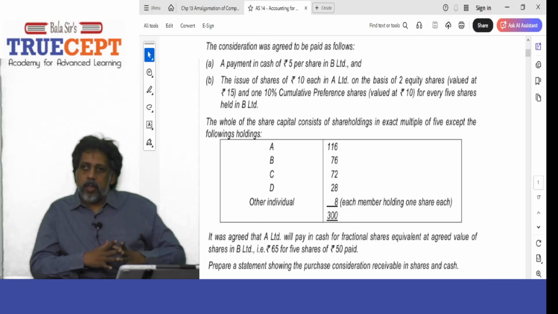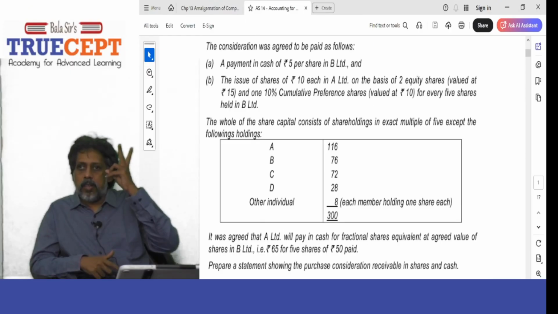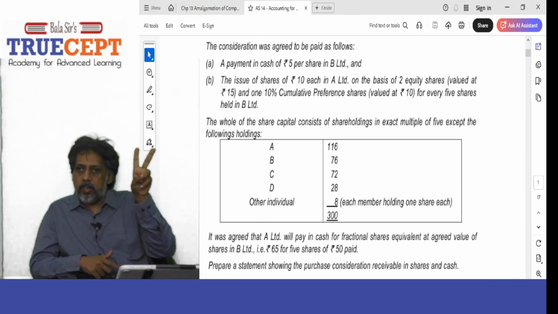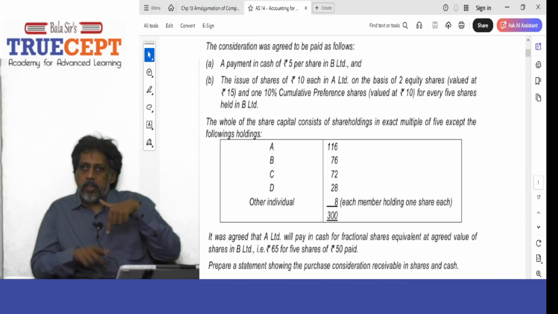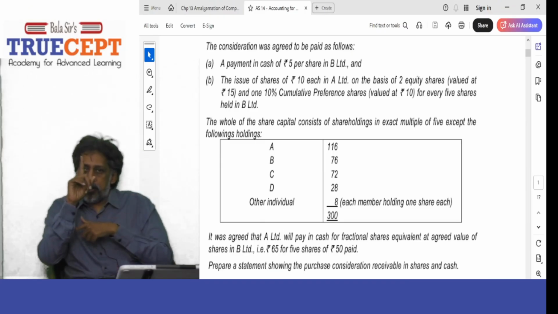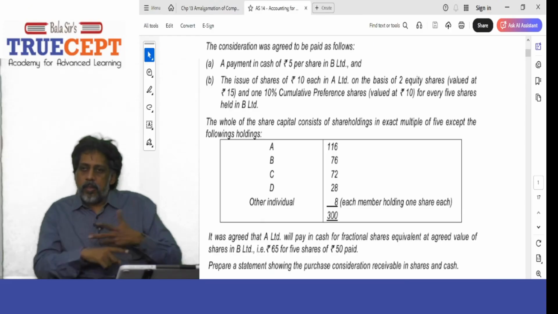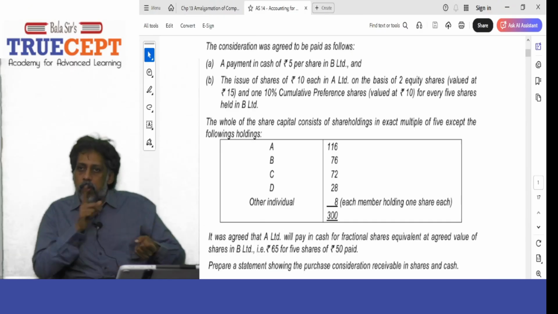And then I offered how many shares? 2 equity shares and 1 preference share. What is 2 into 15 rupees? 30 rupees. 2 shares into 15 rupees each, valued at 30 rupees. And 1 preference share of rupees how much? 10 rupees each. So what is 30 plus 10? 40 rupees.